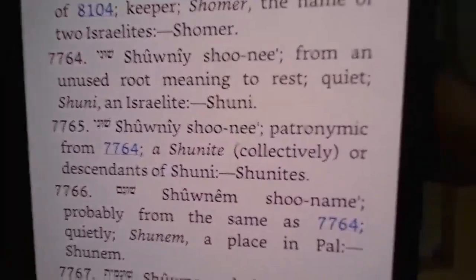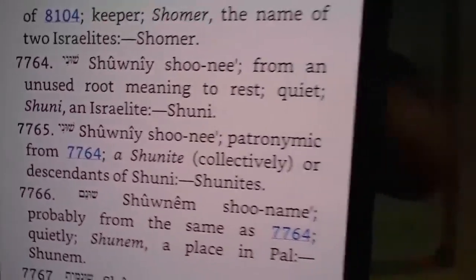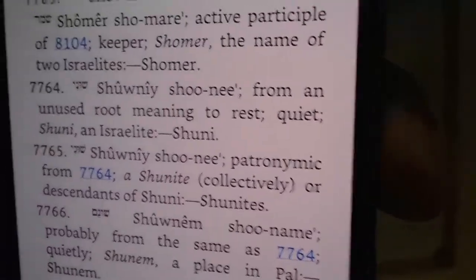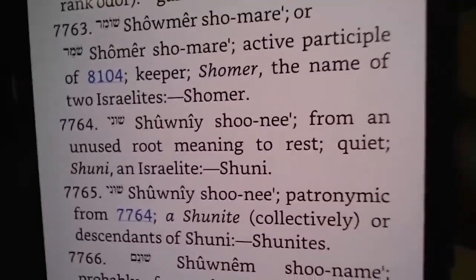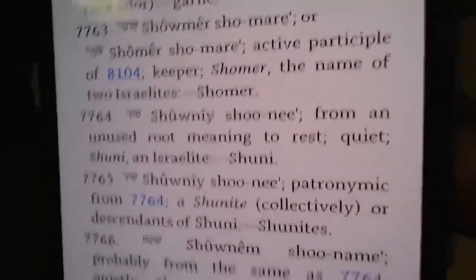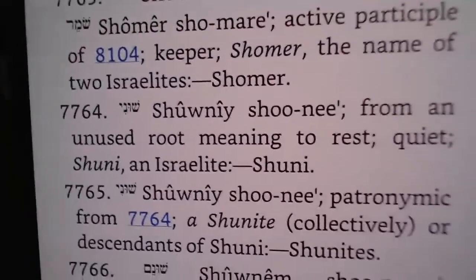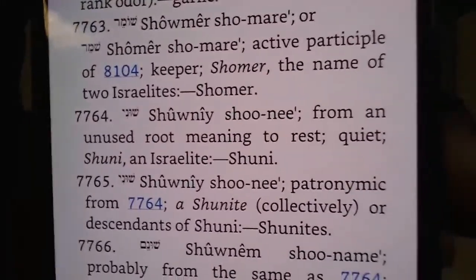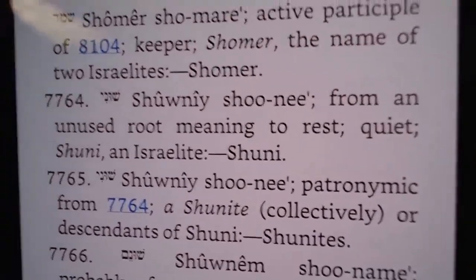And then a Shunite means someone descended from this man called Shuni. I could imagine you're looking at someone's teeth closed while they're sleeping. That's all I can get for you. But this is a name, and the words used to create this name are not exactly in the same format. They took words and altered them for the sake of creating a name, which is something common that we do here in the UK.